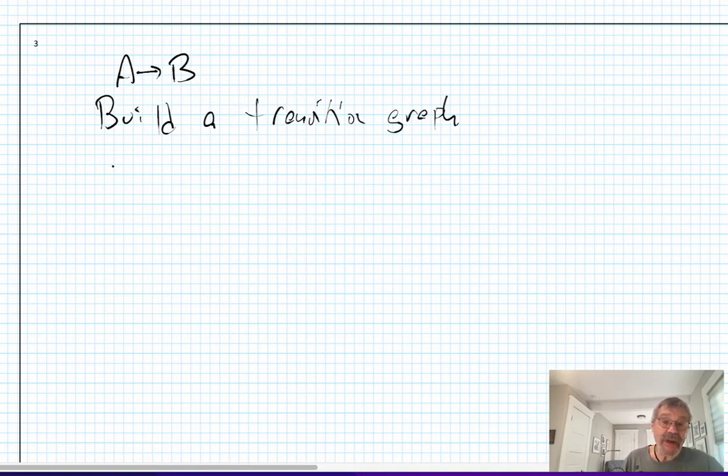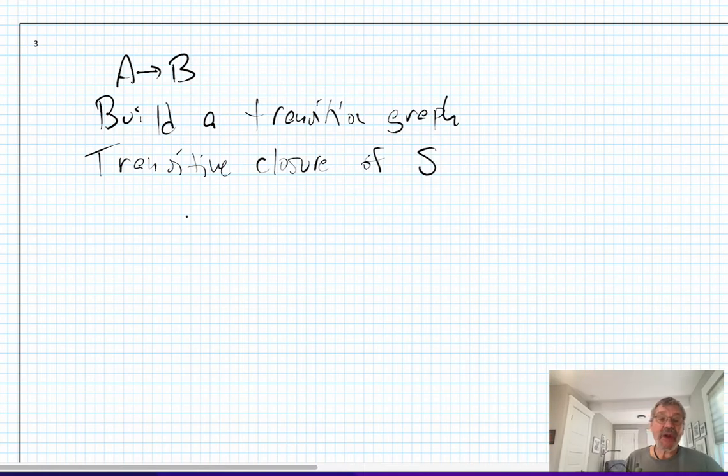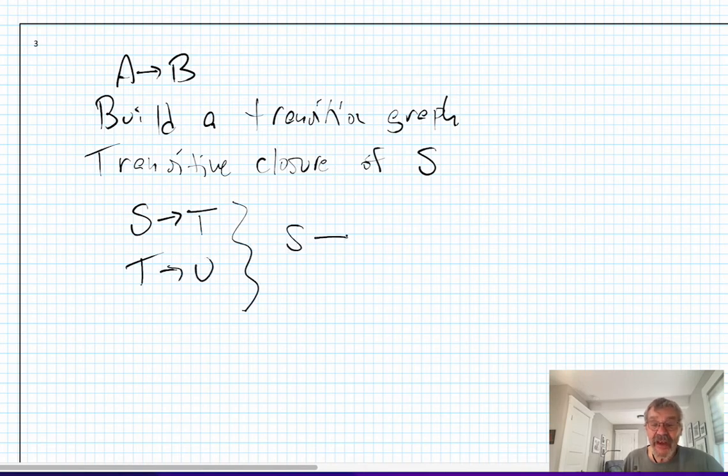Basically what we need to look at is the transitive closure of the grammar S. In other words, we want to consider not only unit productions like S might get us to T, but then we might say, suppose T gets us to U. So what we would say here is that S gets us in a finite number of steps to U. In other words, U is in the transitive closure of S. So what I need to do is make this dependency graph. I said transition here, it should be dependency.